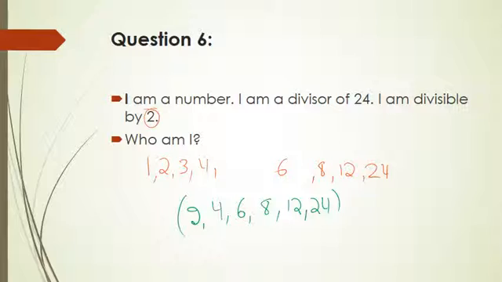So you can write any answer. Okay? 2 times 12 equals 24. 4 times 6. So is it clear? If you answered any one of these, you will have a full mark. Okay, can we continue? Yes.